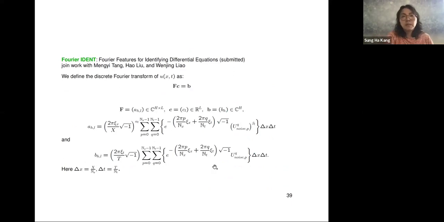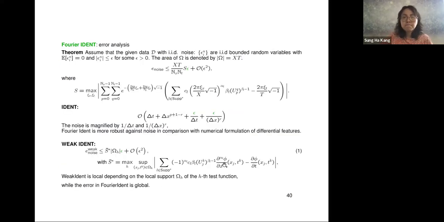So this is the setup of the discrete Fourier transform, how the system will look. All of the entries are the discrete Fourier transform, and then B is also UT. This theorem shows you the error analysis. In the initial work that I showed you, if you have an underlying dynamic of high order, like a 5th order derivative and so on, it is very difficult because the error increases.